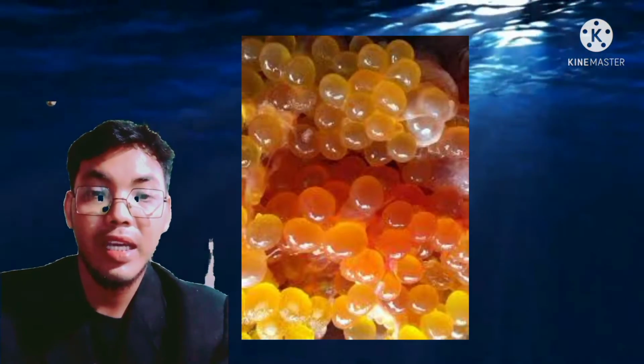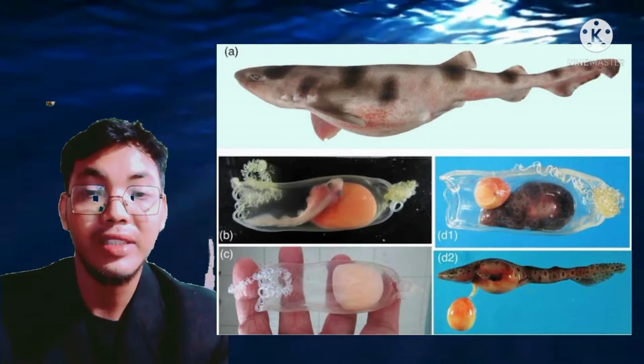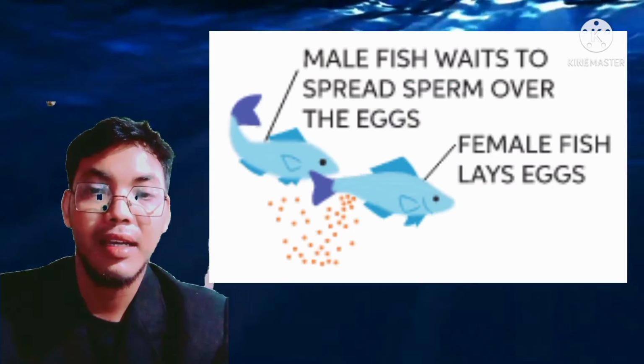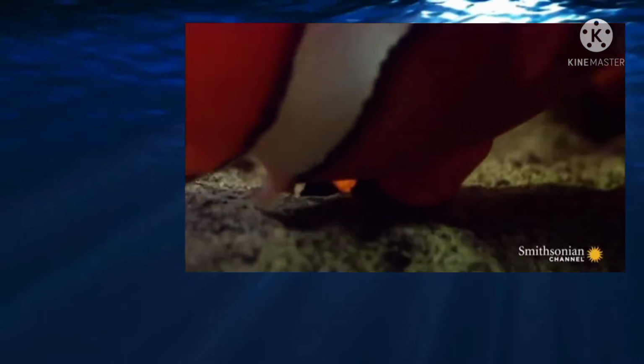The eggs of fish and amphibians are jelly-like. Cartilaginous fish eggs are fertilized internally. In some species, the male inseminates the eggs after the female lays them. Fish eggs have macroscopic and microscopic characteristics that vary according to the reproductive strategy of the species.